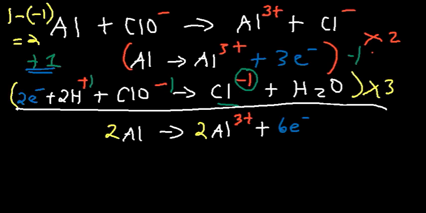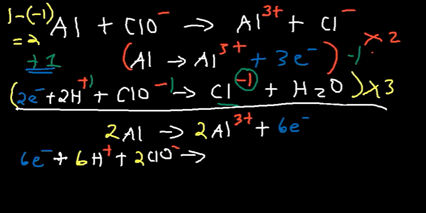On the bottom we have 6 electrons plus 6 H plus ions, we have 2 hypochlorite ions, and we have 3 chloride ions and 3 H2O molecules.